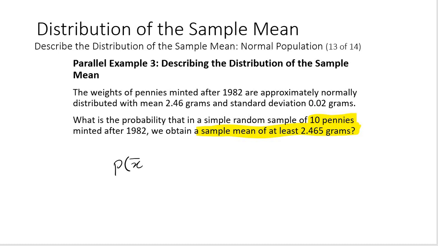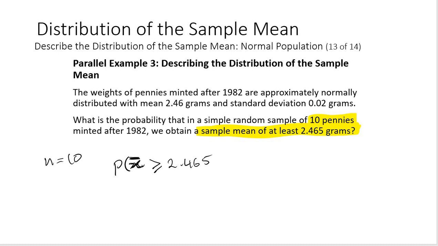We need to compute that in a sample of size 10, what is the probability that we're going to obtain a sample mean of at least, meaning greater than or equal to, 2.465. But since this is a continuous variable, it really doesn't matter whether you include the equal to or not.